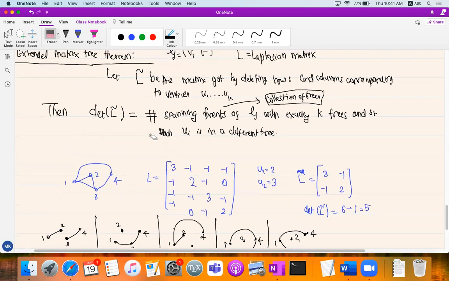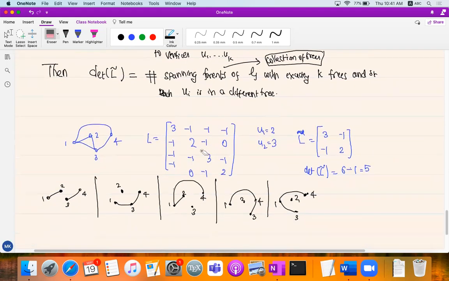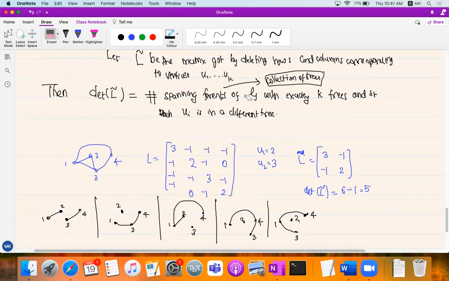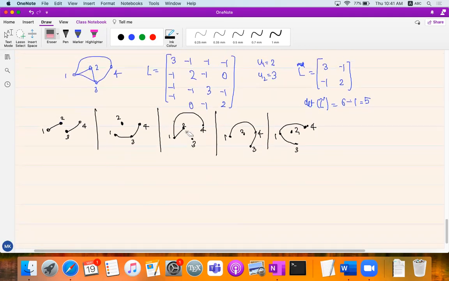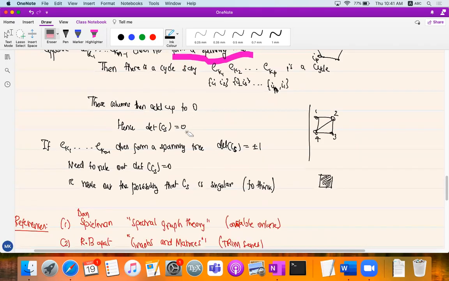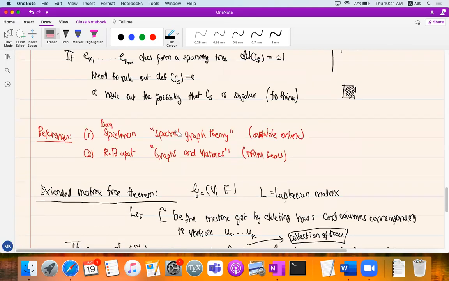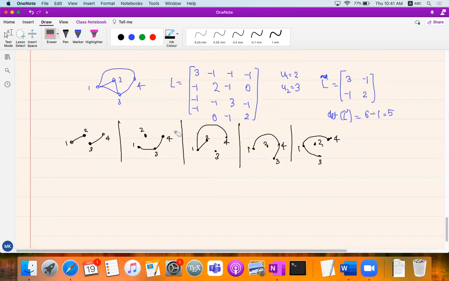So this is the extended matrix tree theorem, which counts something else. It counts the number of spanning forests with exactly k trees such that each of the specified vertices is in a different component tree. I'm not going to prove it. Once you understand the proof of this, and I owe you a little bit of explanation here, which I will postpone in the interest of covering other things.